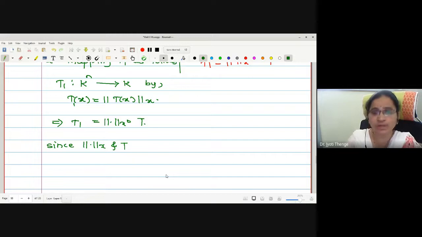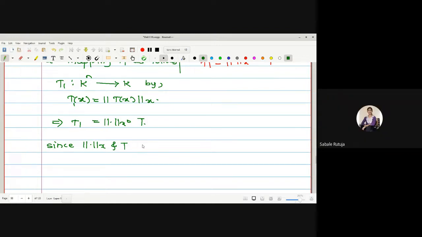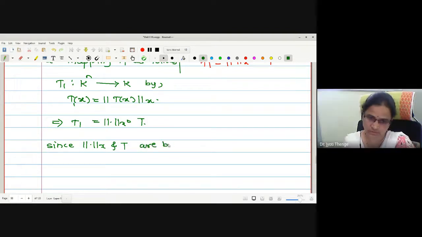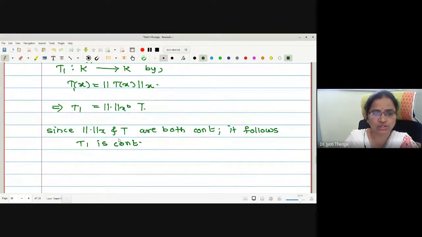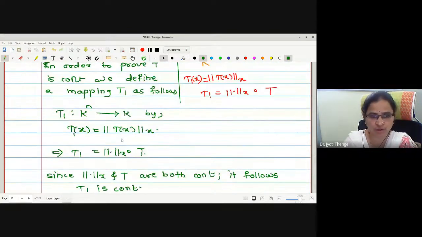Therefore, knowing norm X and T both are continuous, what about this composition? Continuous. Since both are continuous, it follows T1 is continuous.